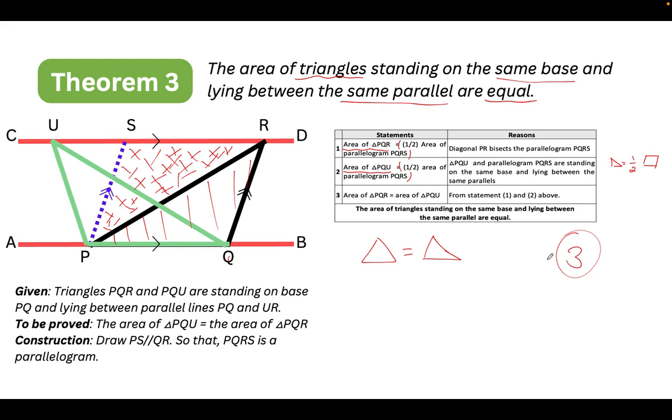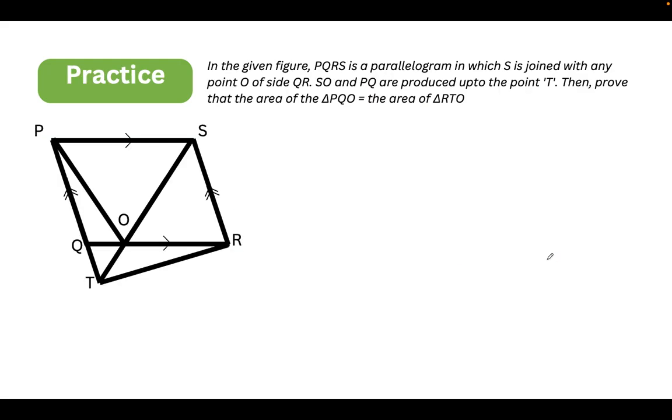Now let us move on to another problem that is quite difficult and that you have seen in your books. I will try my best to explain this problem to you. In the given figure, PQRS is a parallelogram in which S is joined with any point O of side QR.